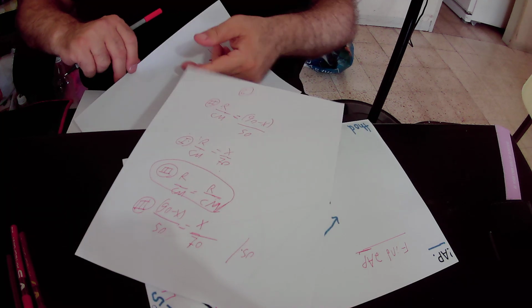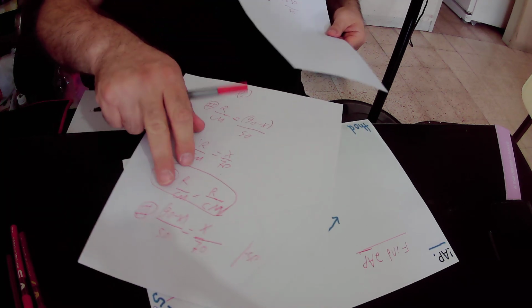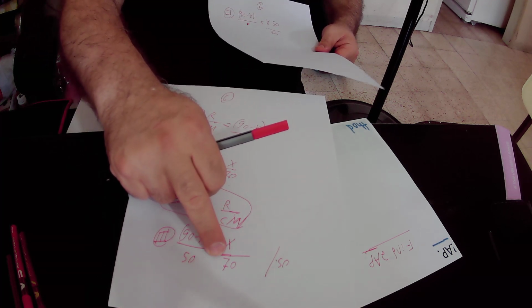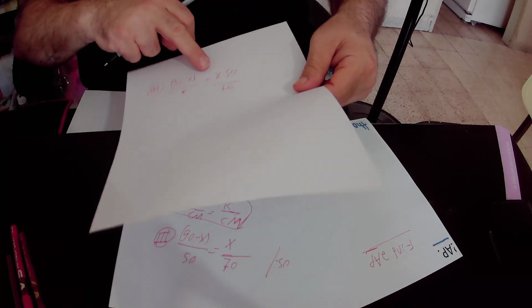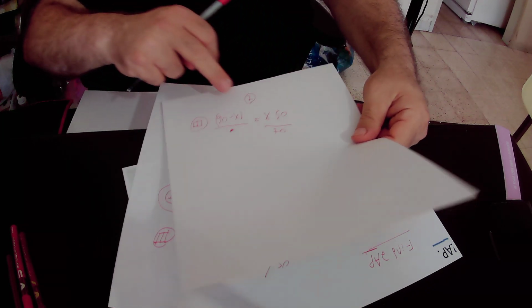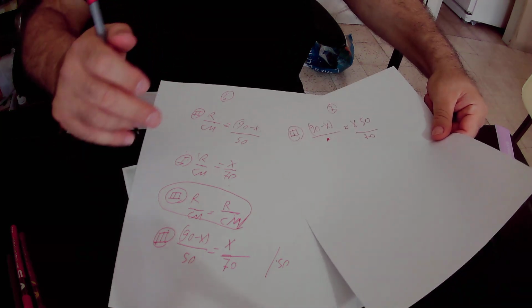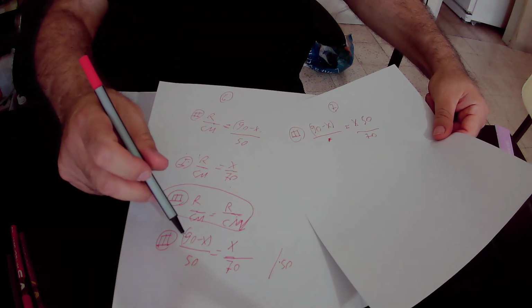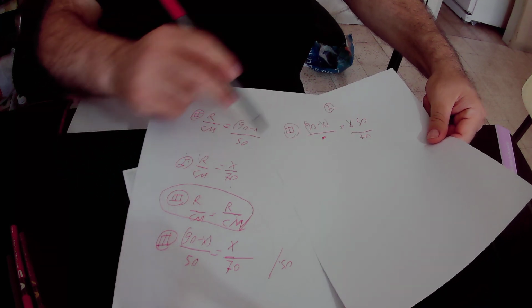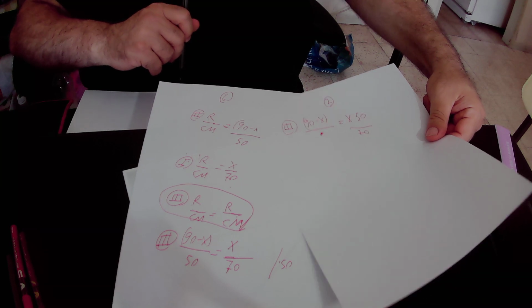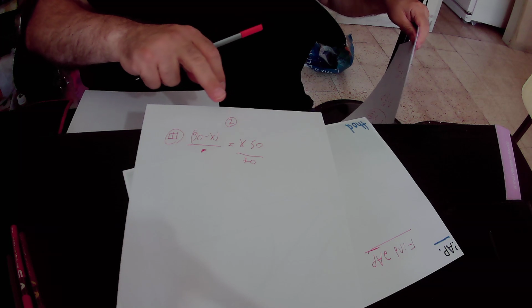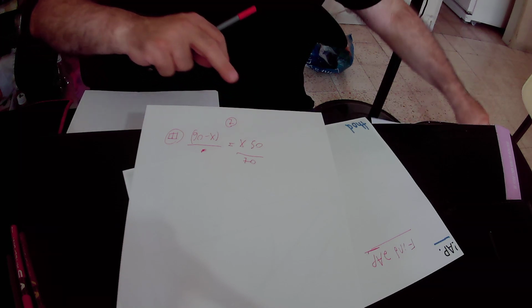So we multiply both sides of the equation by 50. So x over 70 times 50 equals x times 50 over 70, and 90 minus 6 divided by 50 times 50 equals 90 minus 6. So here we'll multiply both sides of the equation by 70.